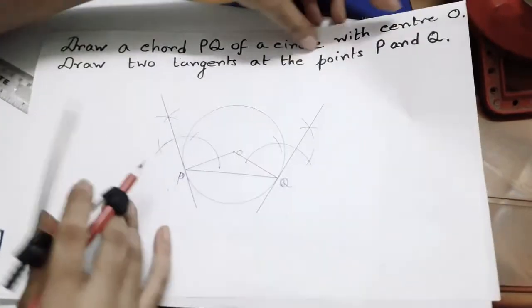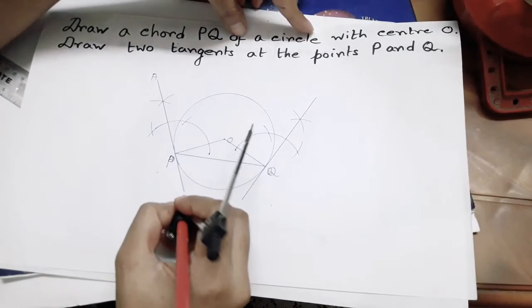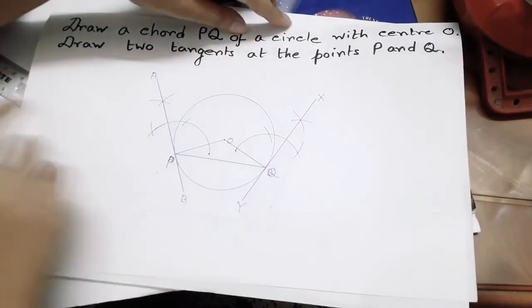Now two tangents are here. This one suppose AB and this one is XY. So you will write like that.